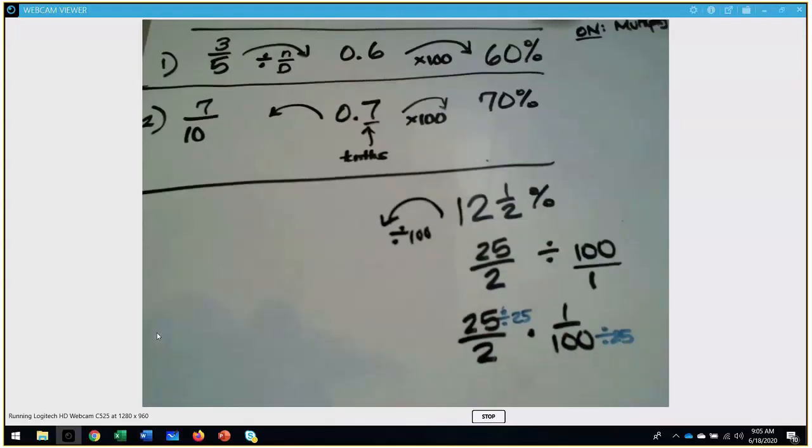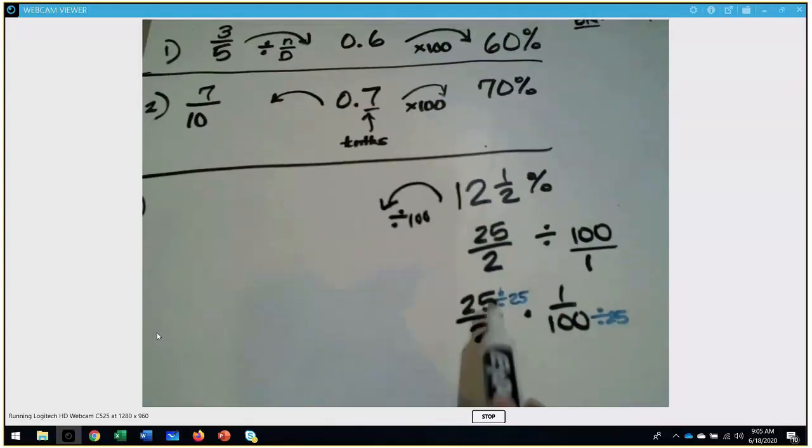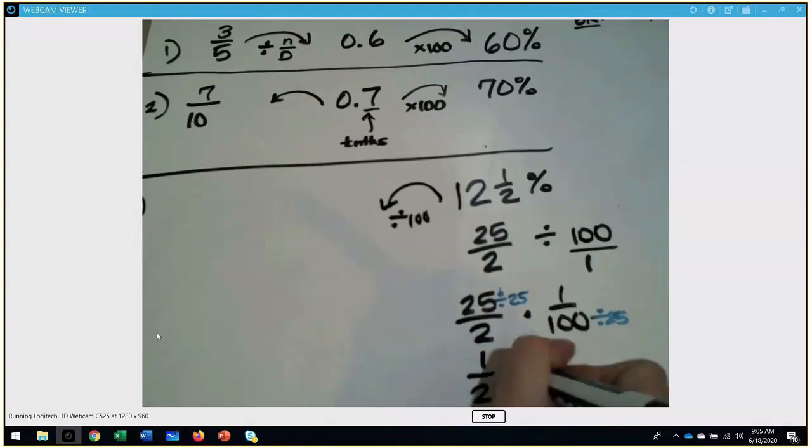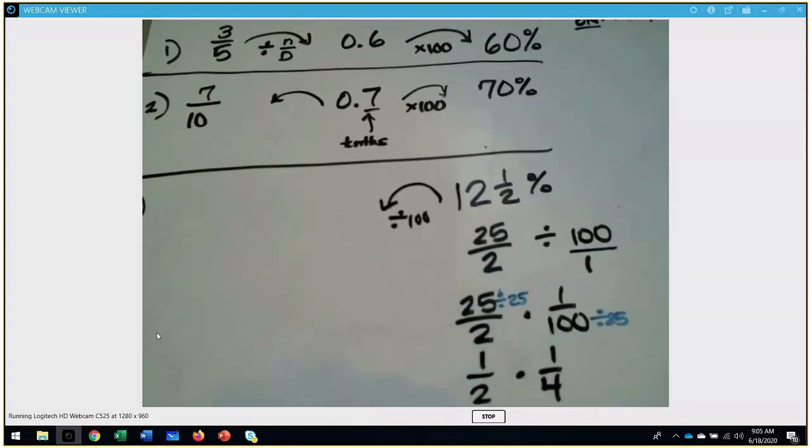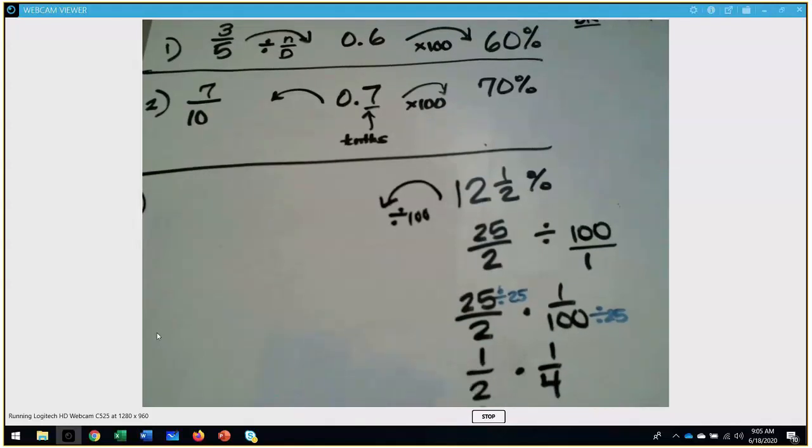So we keep going down here. That's a 1. And that's a 4. So when I take this straight across, now I've got 1 over 8. Okay, now here's the issue.